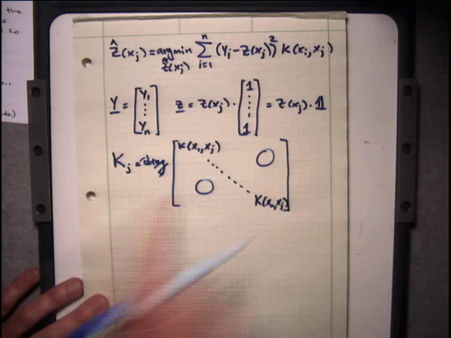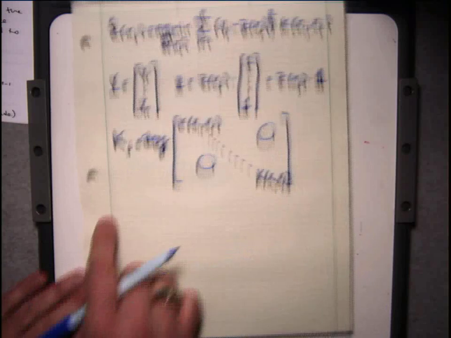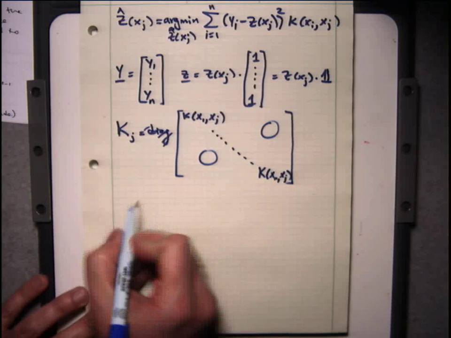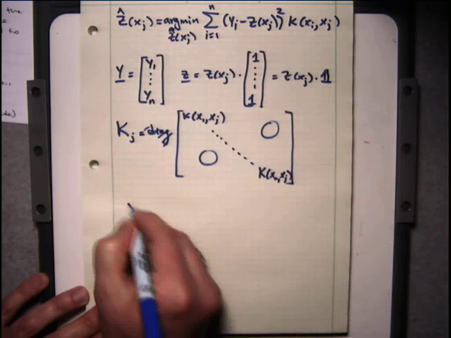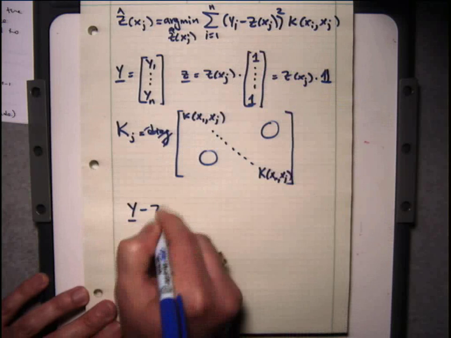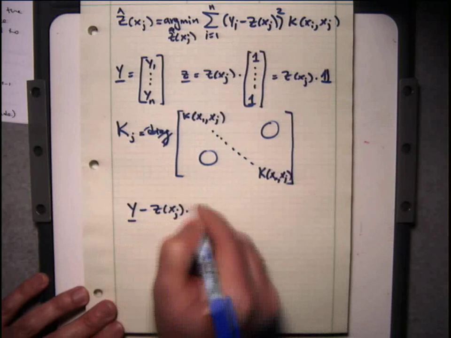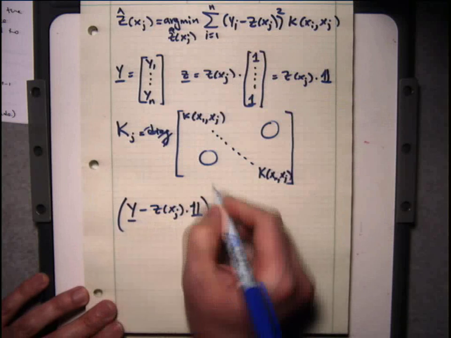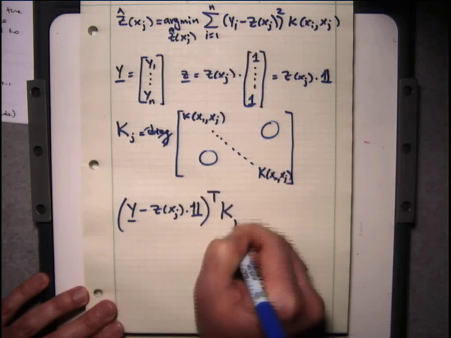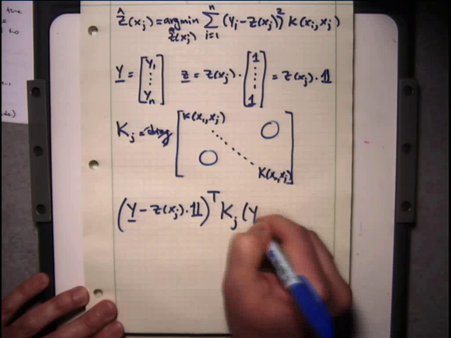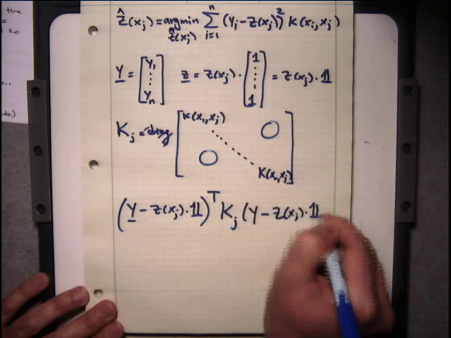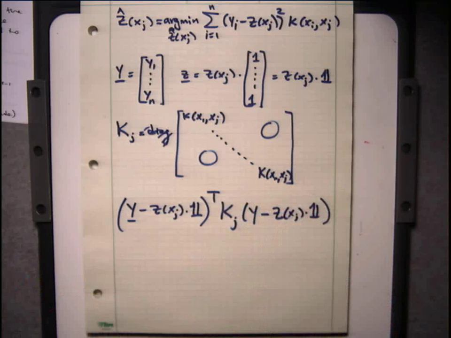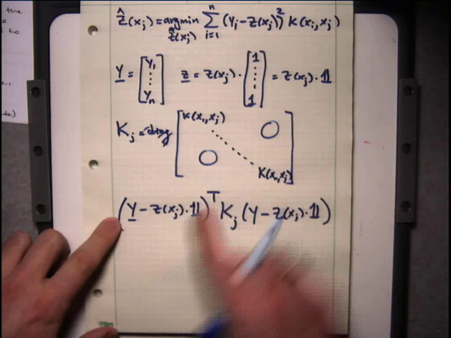Okay? So with these definitions in place, my least squares problem, this quadratic least squares problem, becomes y minus z of xj times this 1, transpose, Kj, y minus z of xj times 1. Okay? So you can think of this as y minus H times theta.